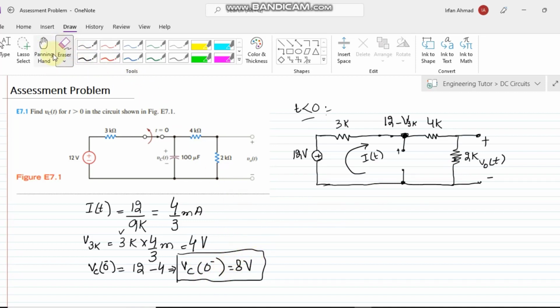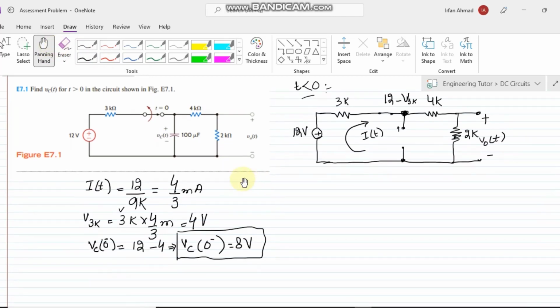Now after this, the circuit is broken here and the switch is opened. So when the switch is opened, what will the circuit be like, as it is now separated out? The circuit here will be just the resistor here, and this one, and this.